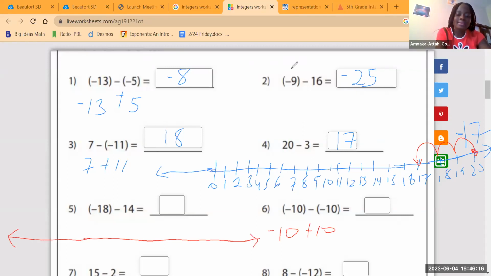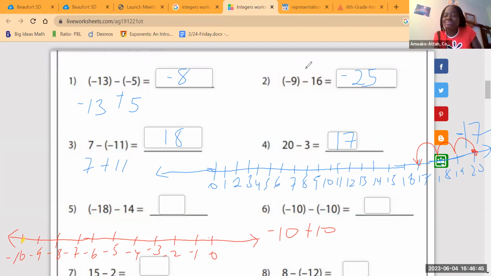So let's say I have 0 here, -1, -2, -3, -4, -5, -6, -7, -8, -9, and -10. So now where do I start from? I start from -10 because it's -10 minus minus.